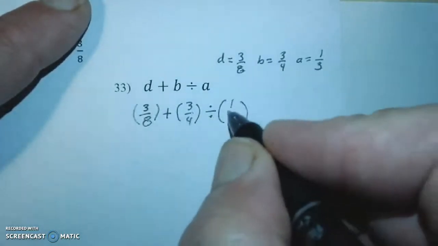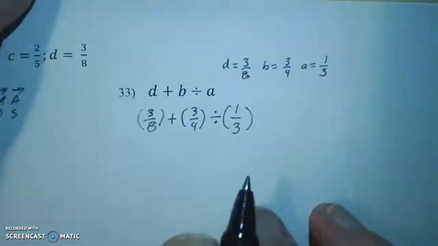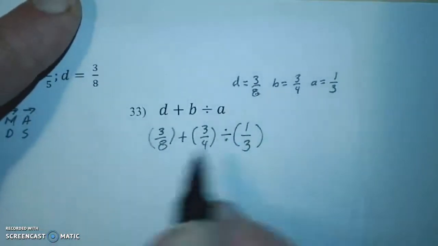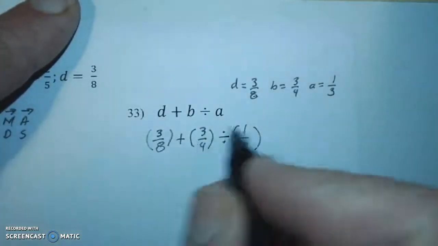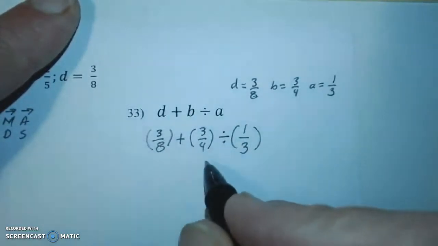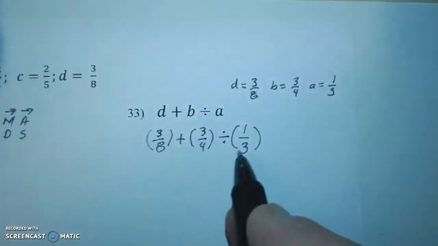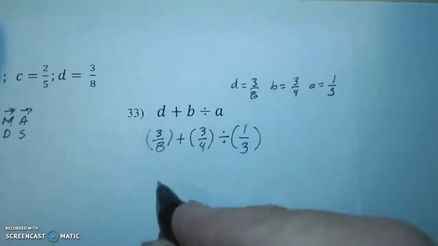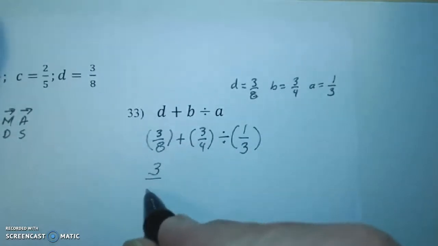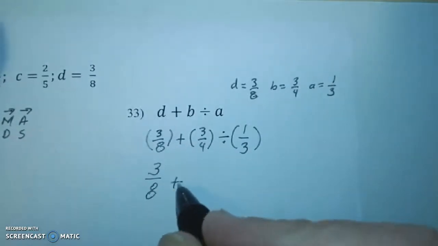And A is 1/3. Alright, the parentheses really right now don't matter, but they do help us see that this is 3/4 divided by 1/3. So order of operations, you have to do the dividing before you do the adding. So this 3/8 is just going to hang here for a little bit.